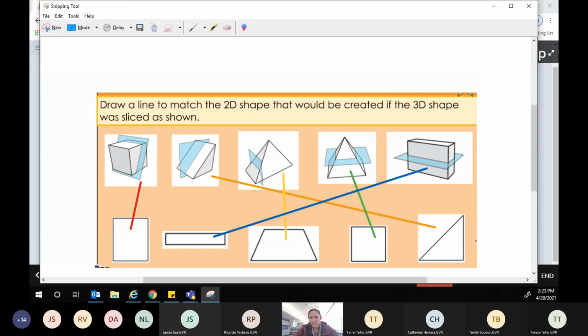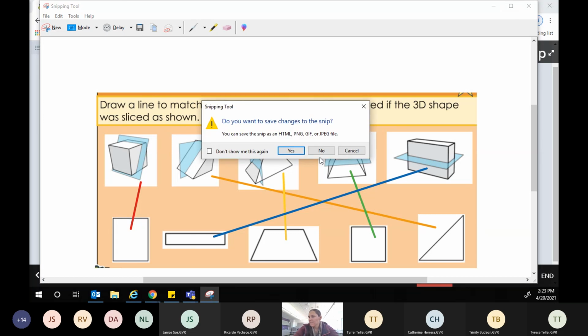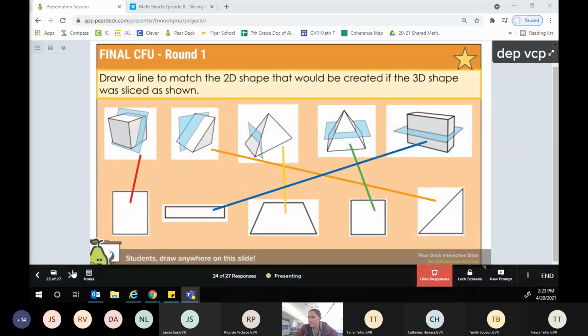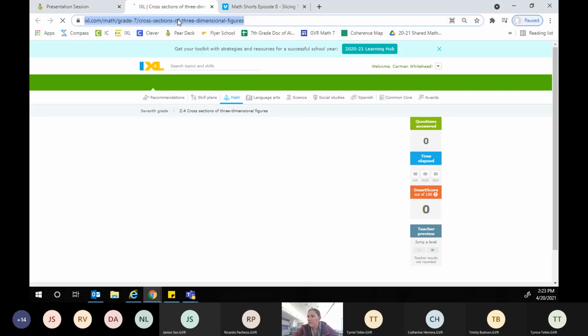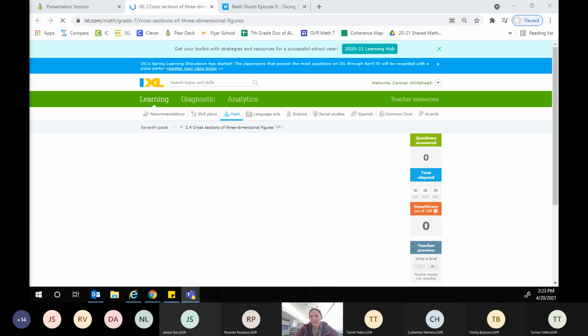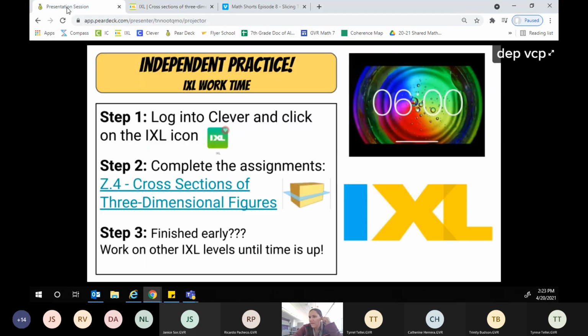Yay! And so for today's independent practice, y'all, we're just going to be doing some IXL time. I'm going to keep control of your slides, and we're going to do Z4, cross sections of 3D figures. That skill is in the chat as well as on your slide.